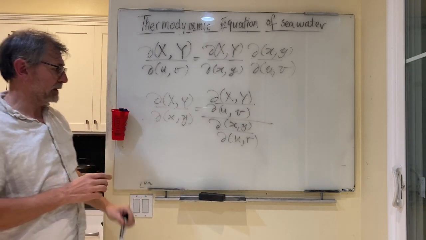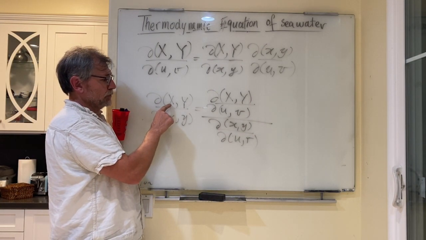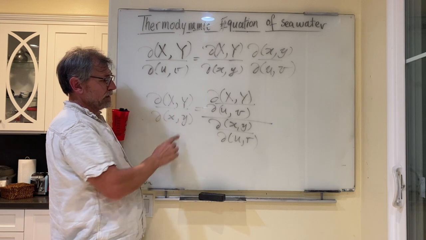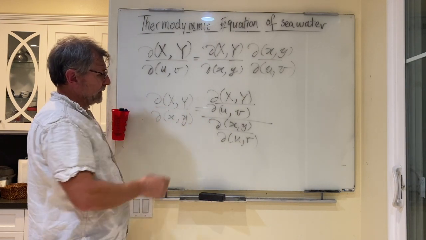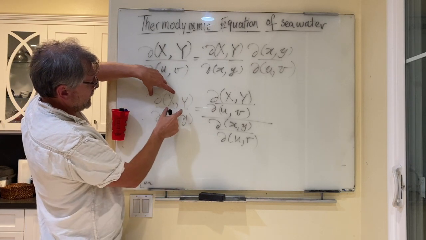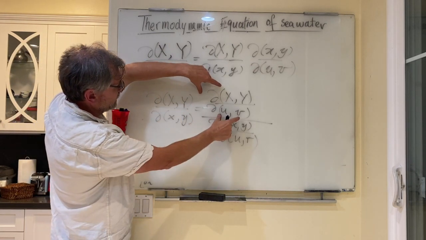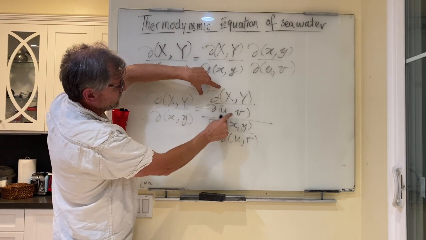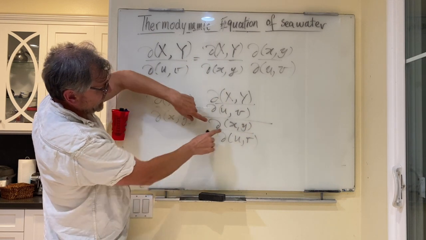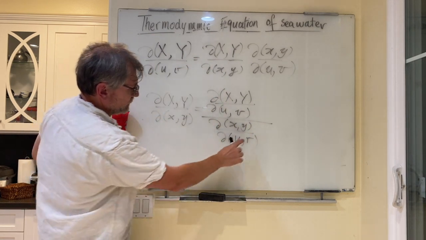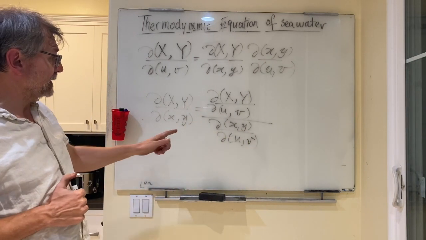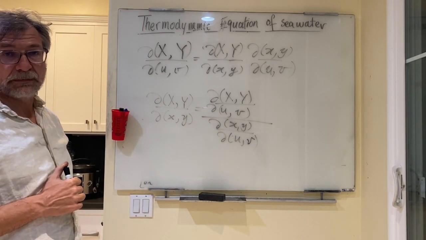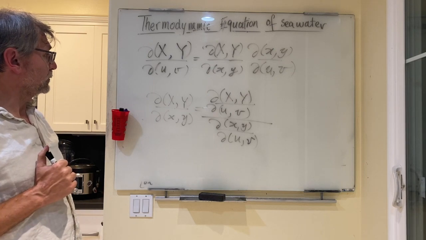This is useful because if I have certain variables x and y, and I want to introduce the variables u and v, then by the chain rule I can simply expand the numerator as a partial with respect to u and v, and the denominator as a partial with respect to u and v. We're going to use that identity when we do the thermodynamics in a little bit.